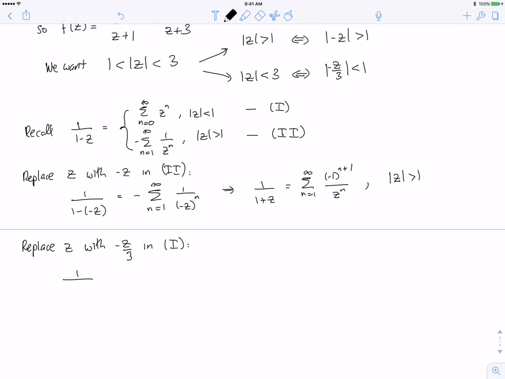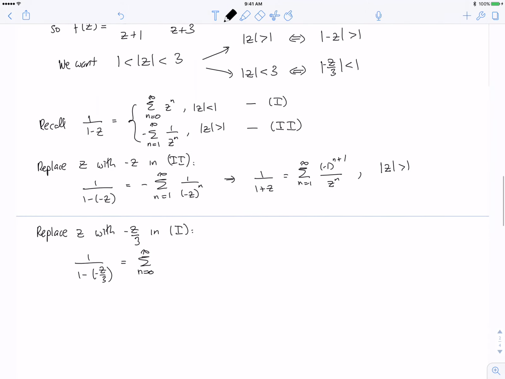I'm going to get 1 over 1 minus z on 3 equals sum from n equals 0 to infinity, so it's going to be negative z on 3 to the power of n. Okay, so in other words, 1 over 1 plus z on 3 is equal to sum from n equals 0 to infinity, negative 1 to the n on 3 to the n, z to the n.